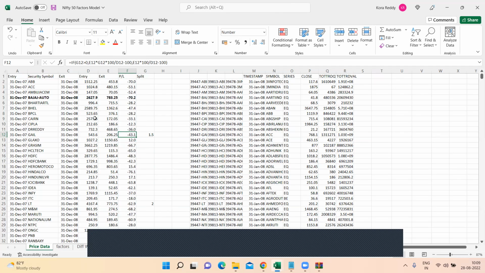Rights is one, but they're very rare, so I'm not considering rights as an adjustment here. Buyback. Buyback doesn't affect anything, it just affects the price, but you don't need to do any adjustment.